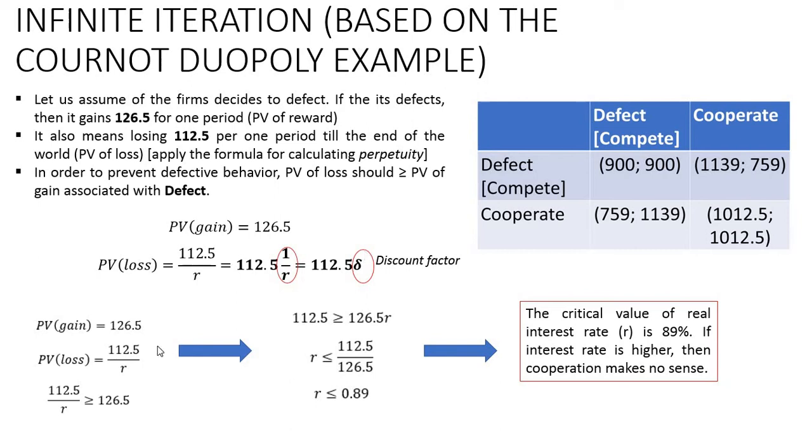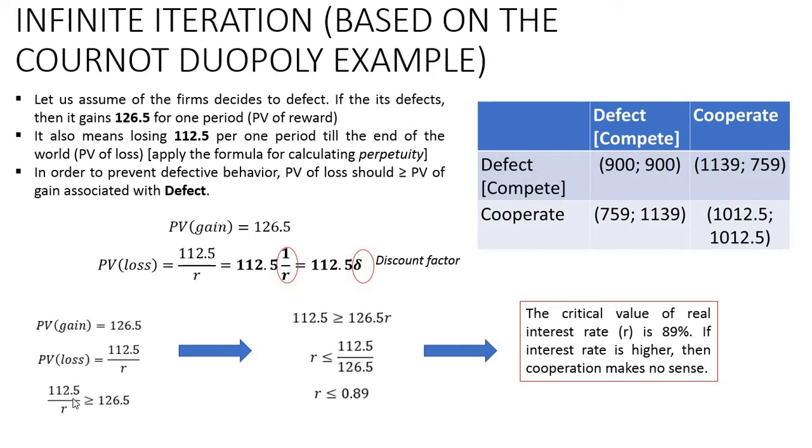So the idea is like this. If you want to sustain cooperation, then, let's say, if you want to make the players at least indifferent between cooperating and defecting, then the present value of loss should be bigger than or equal to the present value of gain. So again, this is the one-period gain associated with defecting, but then you will lose this 112.5 each period forever.